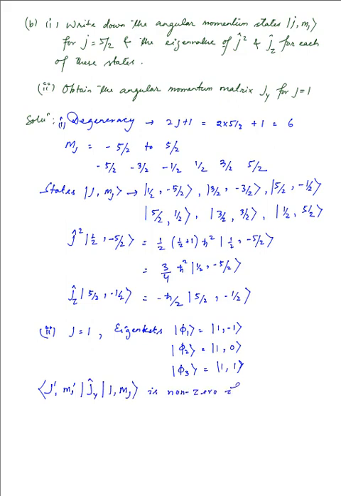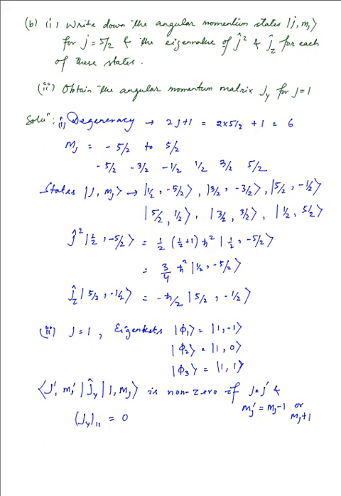Now this will be non-zero if we have j equal to j prime in the first place, and mj prime equal to mj minus 1 or mj plus 1. These are the conditions for us to have. So what we'll be getting as Jy 1 1 will be equal to 0.